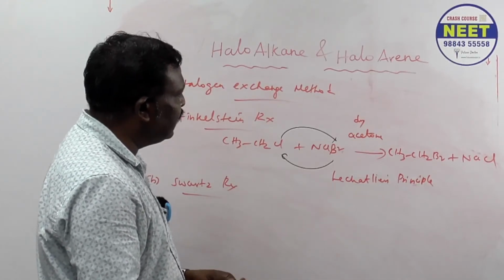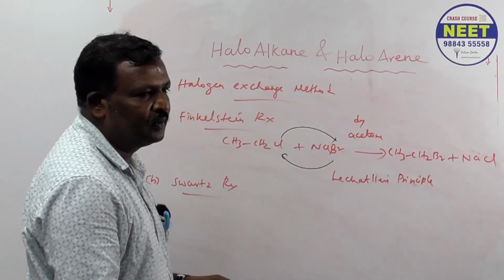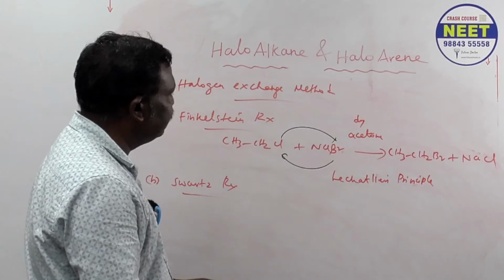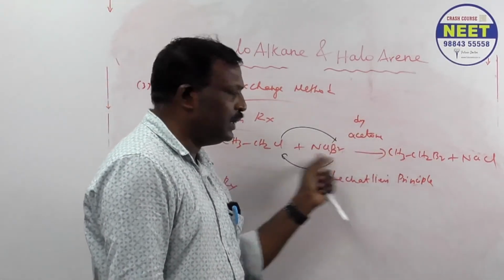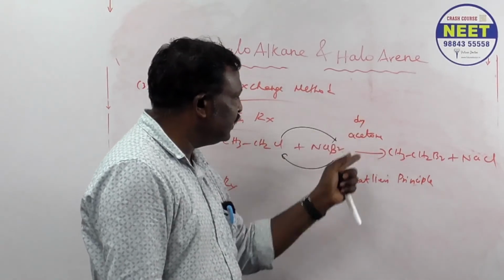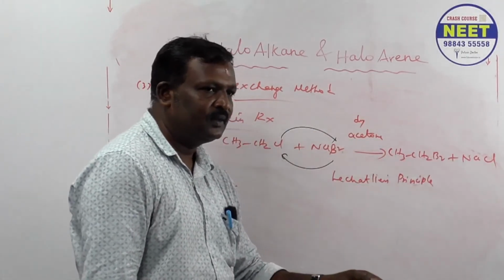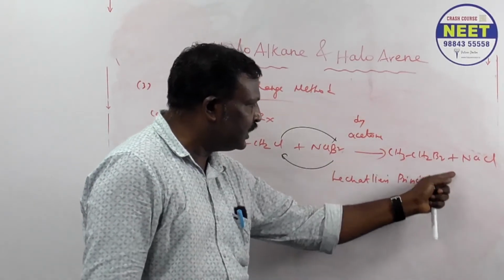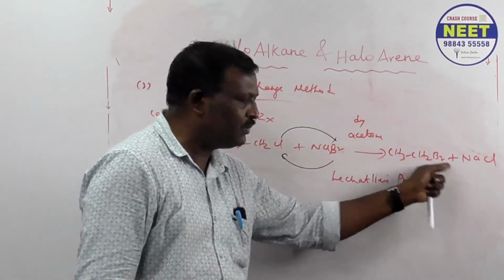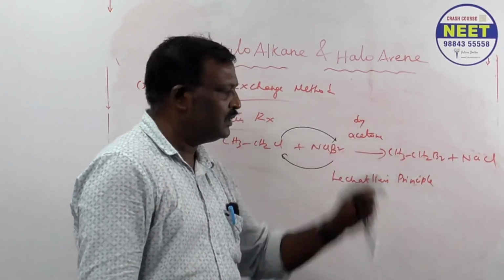That principle is called Le Chatelier's principle. If you are not adding this, it will come back. If you are adding this, it will proceed only in the forward direction. You studied it in 11th standard.